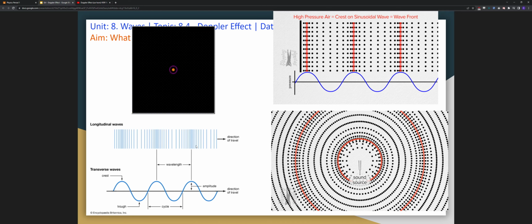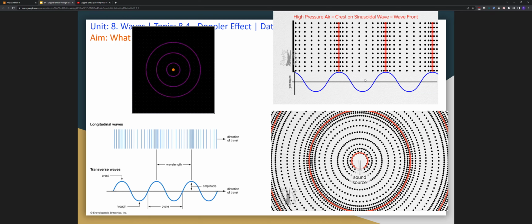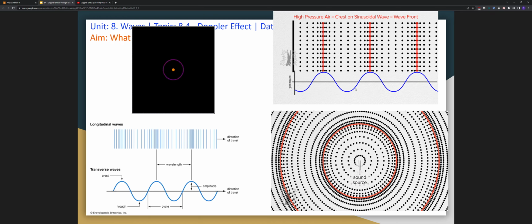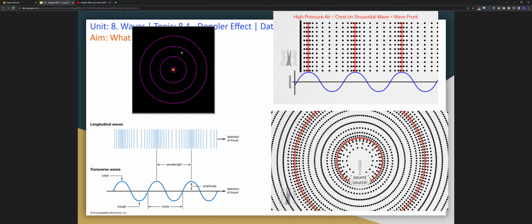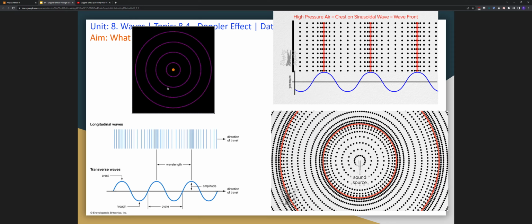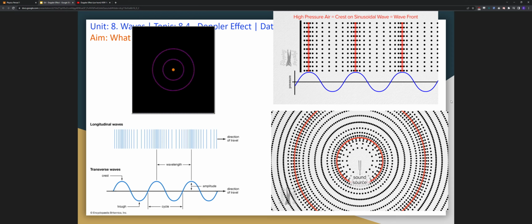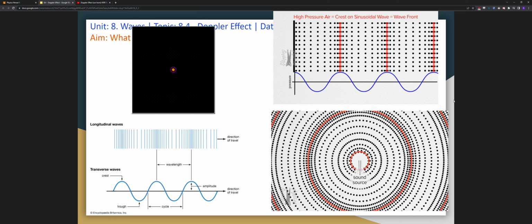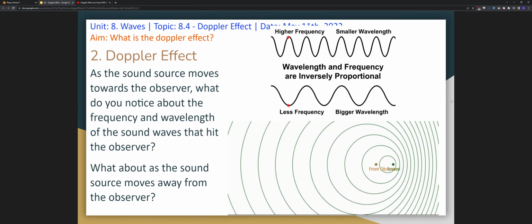And we know that the distance between the crests is equal to your wavelength. So each of these lines represents one wave, and the distance between each of these lines represents a wavelength. Something very important, because we need to make sure we know that.